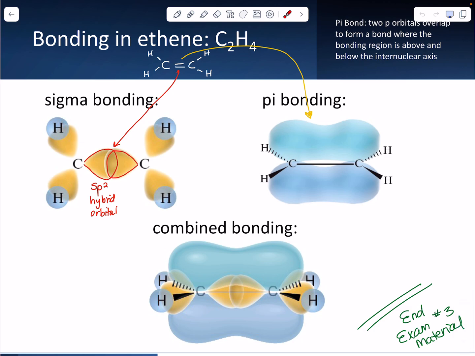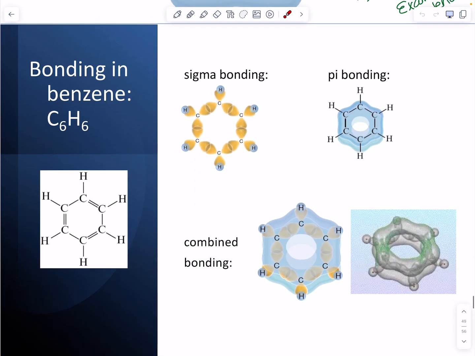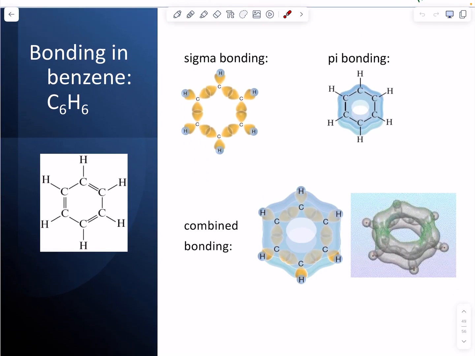So we've got our sigma bonds where we have our hybrid orbital overlap, okay? And pi bonding is when we have overlap between your regular p orbitals that are above and below the bond, okay? So there's two different types of things there, okay? And so if we're looking at this molecule like benzene, where we have alternating single and double bonds, okay?